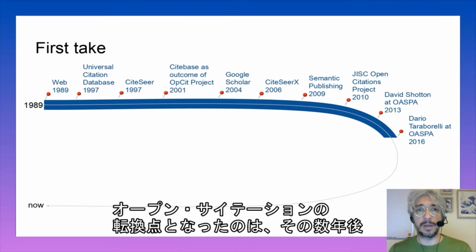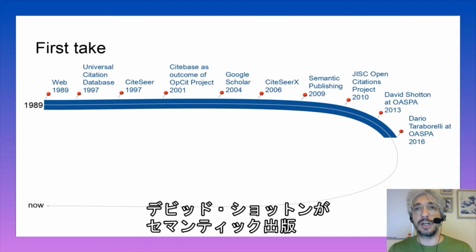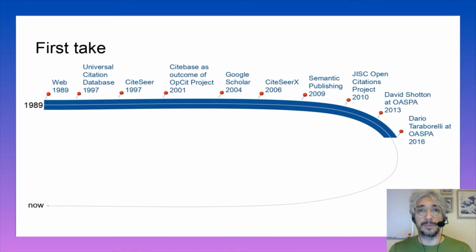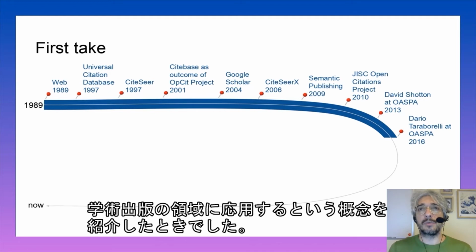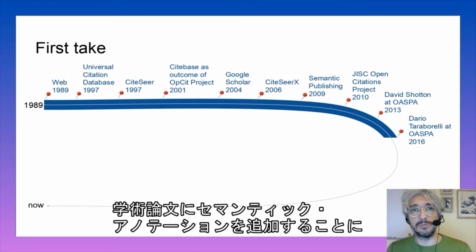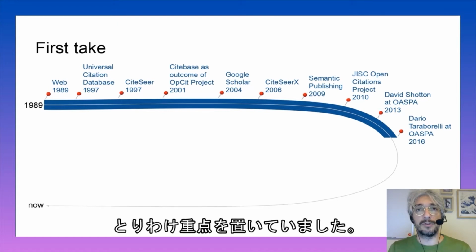But the tipping point for OpenCitations was when, a few years later, David Shotton introduced the concept of semantic publishing. That is, the use of semantic web technologies applied to the scholarly publishing domain, in particular focused on adding semantic annotations to journal articles to make them more discoverable and reusable.